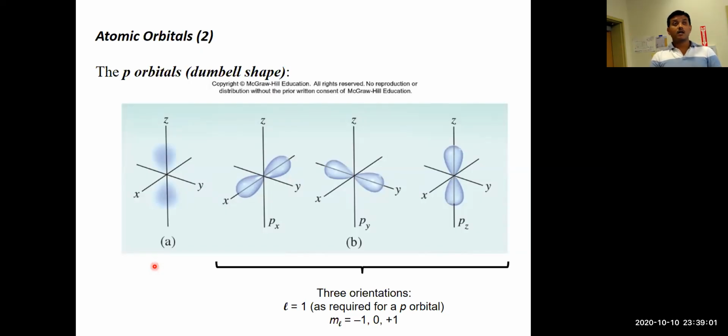If you remember, subshell P has 3 orientations of -1, 0, +1. These 3 orientations are arranged along the x-axis, y-axis, and z-axis. That's why we call them px, py, pz.